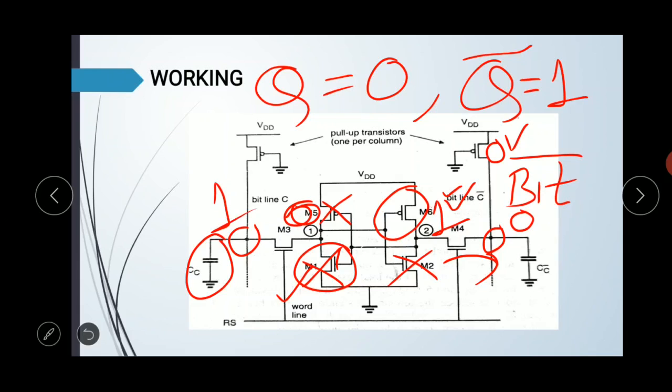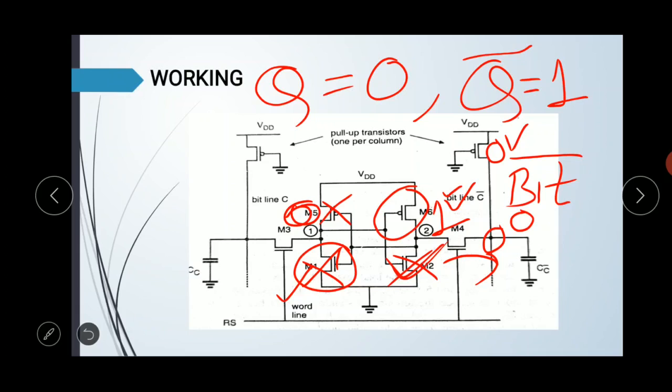So here also a voltage difference is present, so current starts to flow, and gradually the voltage of this node starts to increase, and when it exceeds the threshold voltage of M2, then M2 is turned on.